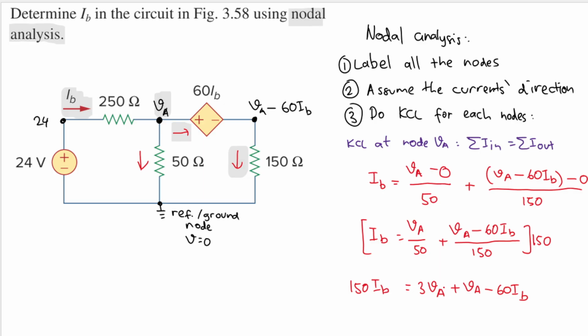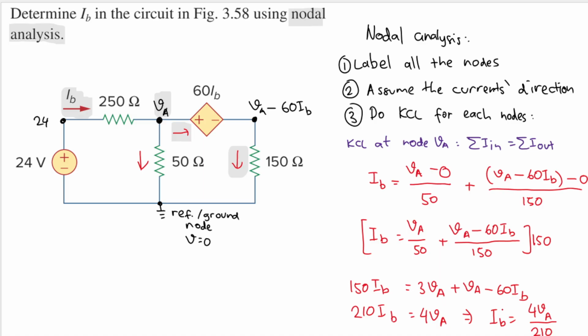And now we will have 210 IB is equal to 4 VA. Or we can isolate for IB, so IB is equal to 4 VA divided by 210.